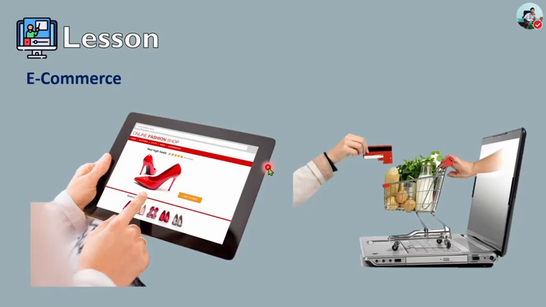It is like a digital version of mail order catalog shopping. I don't know if you have encountered this one, mail order catalog shopping, that was used many years ago. With e-commerce, businesses may establish a wider market presence by providing cheaper and more efficient distribution channels for their products or services.